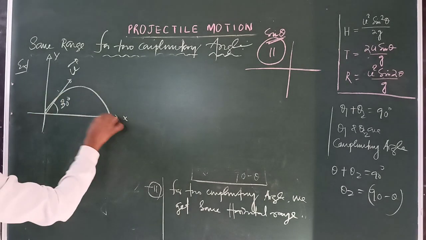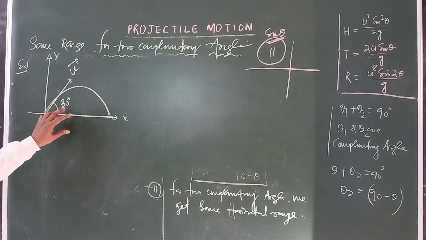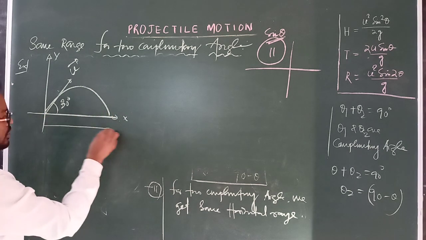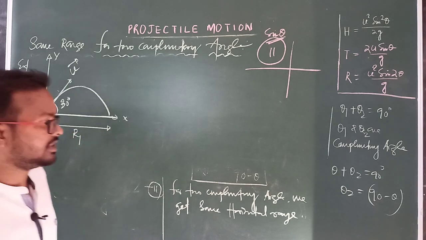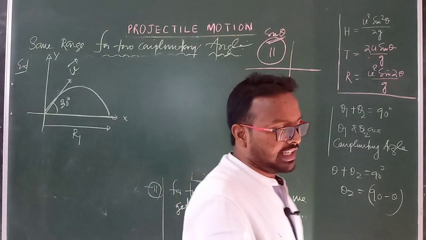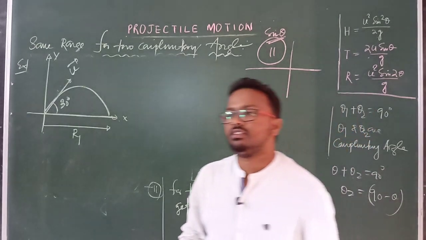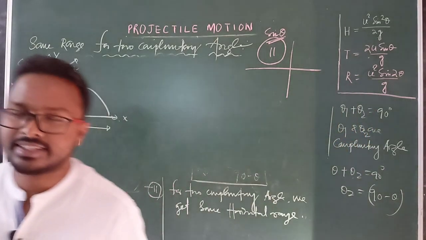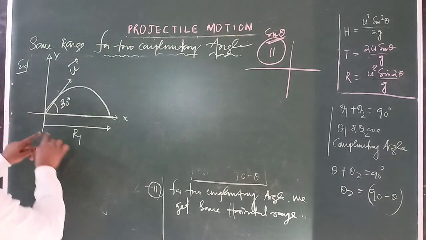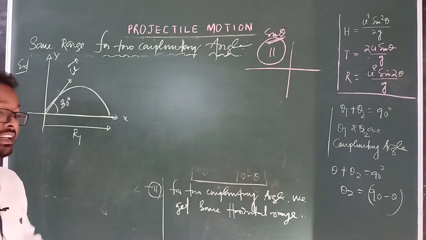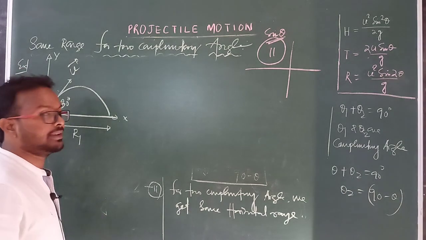Clear? And if we project at this angle 30 degree, then suppose this horizontal range is here R1, then a question may ask: find an angle of projection at which the projectile, projected into space, gives the same horizontal range, suppose R1. At that time we have to use the complementary angle.